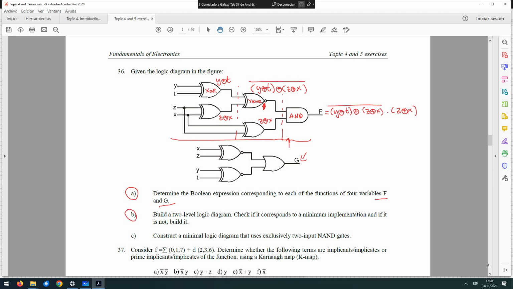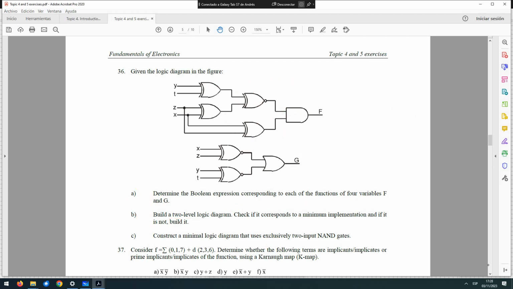So what happened with B? Here we have to build a 2-level logic diagram. So this is saying that we have to calculate a sum of products or a product of sums, just to have AND-OR or OR-AND 2 levels circuit.